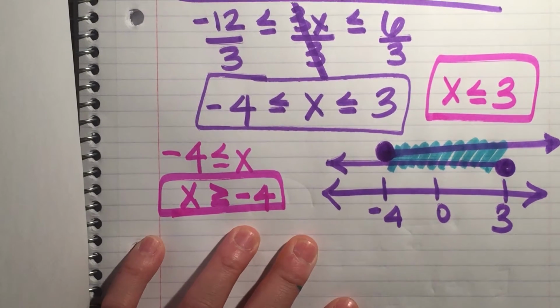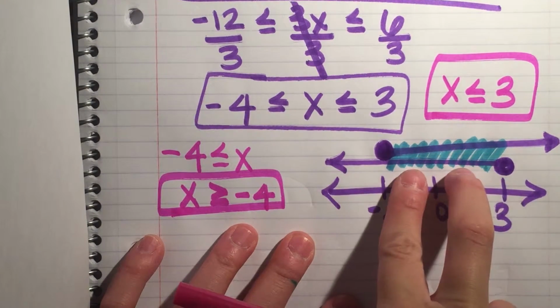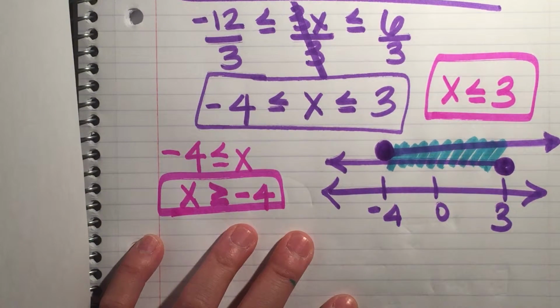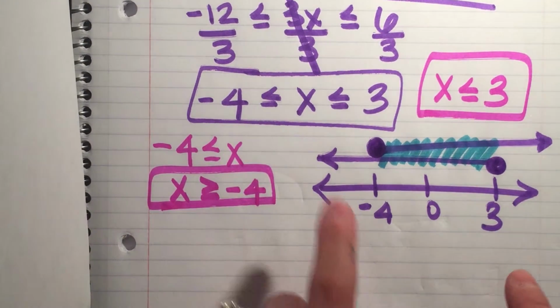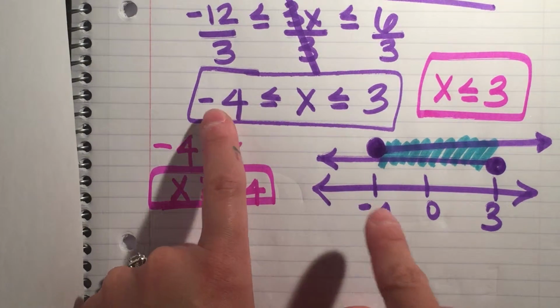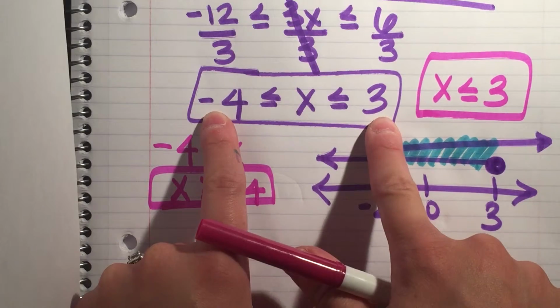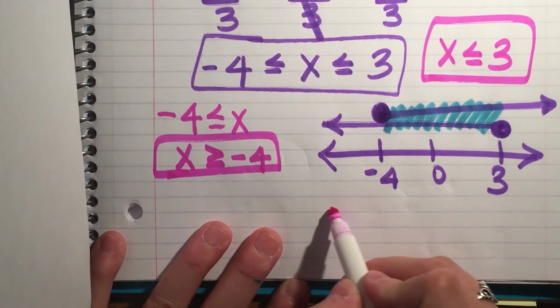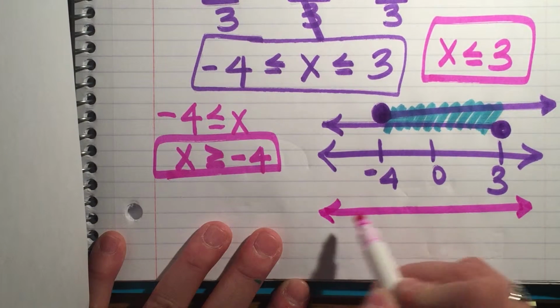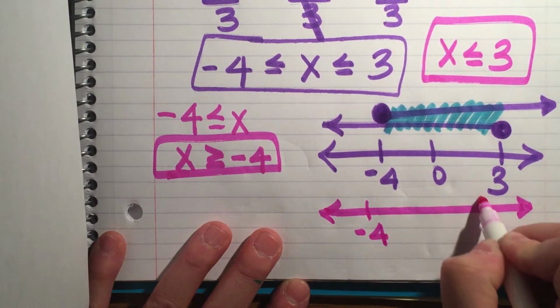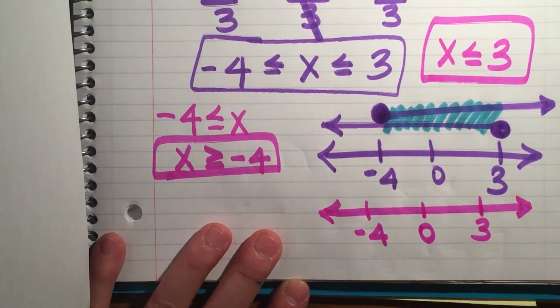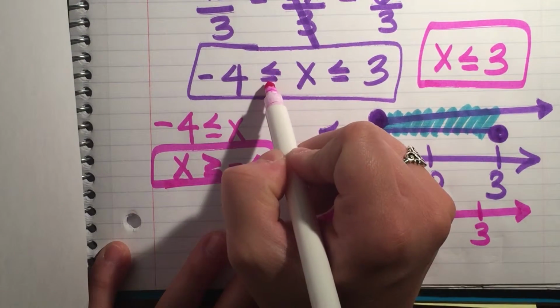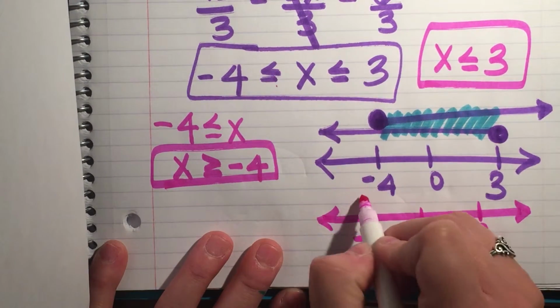Now take a look. We separated it and graphed it and colored in our overlap. But can you see now how the -4 is the farthest boundary left and 3 is the farthest boundary right? So you don't even have to separate them to know how to graph. You pick those points that they give that you have as a solution. You look at the inequality sign right next to it.